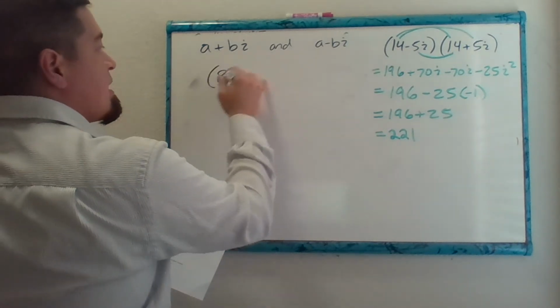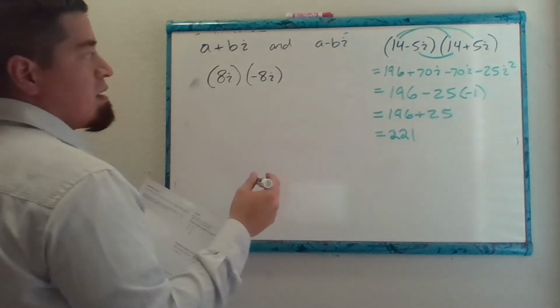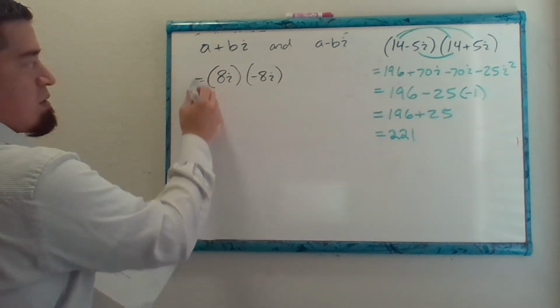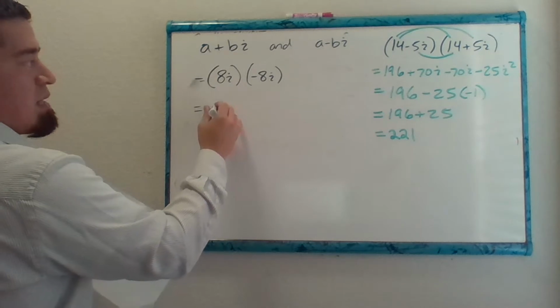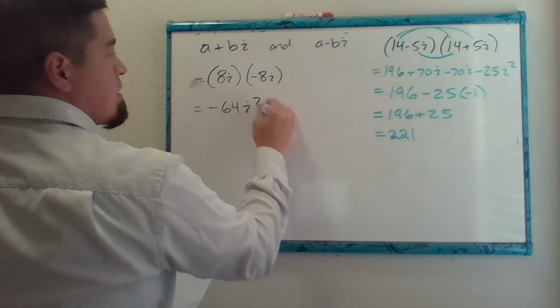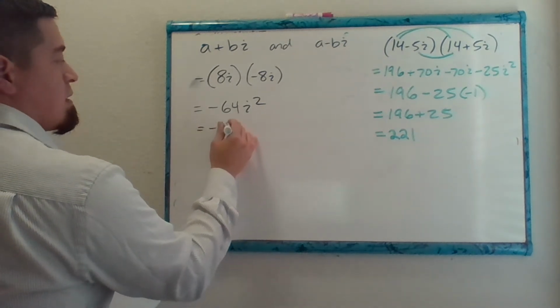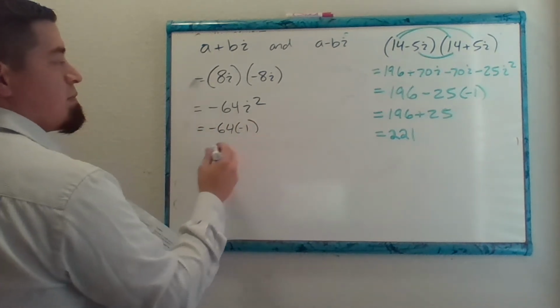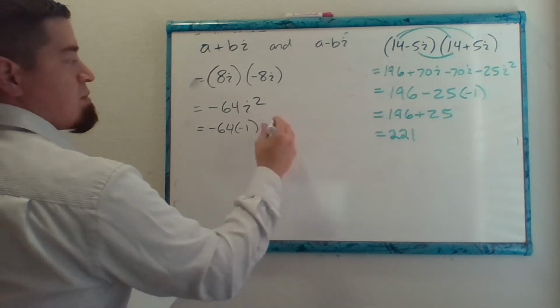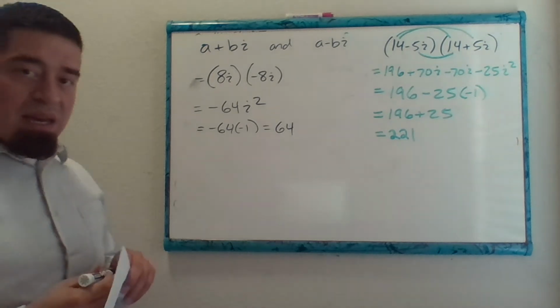So to multiply 8i times its conjugate, I would have to multiply by negative 8i, which we did in the first examples we talked about. 8 times negative 8, negative 64. i times i, that's i squared. But guess what? i squared is, that's right, negative 1. So negative 64 times negative 1, that's positive 64. So that's how you multiply 8i and its conjugate.